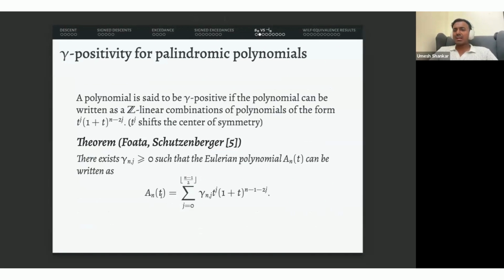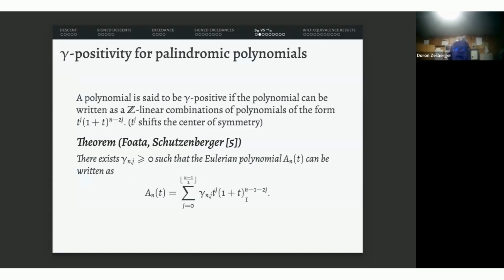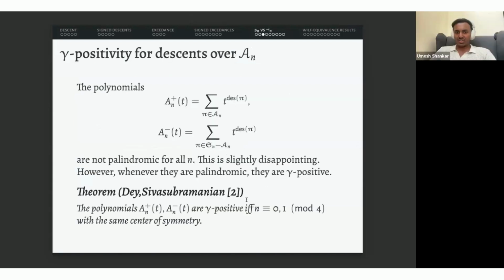If we look at A_n(t,q), where q keeps track of the major index, there is a theorem due to Zikong Lin, Guan Yu Han, and Jiang Zheng that says there is a q-gamma positivity. The definition is slightly complicated and I cannot recall it from the top of my head. But there is a q-gamma positivity, and that seems to be the case for this also.